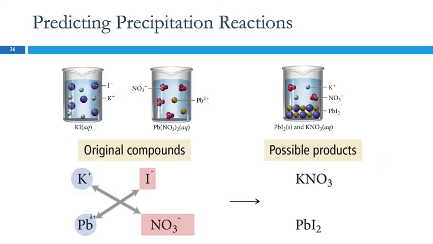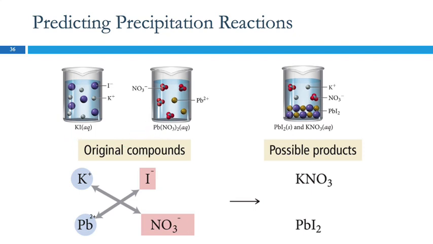So when we look at precipitation reactions or possible precipitation reactions, we need to be able to predict what the products are. So this is how you would do that. This is the same reaction we were looking at before. So here's our original compounds, the potassium iodide and the lead nitrate.